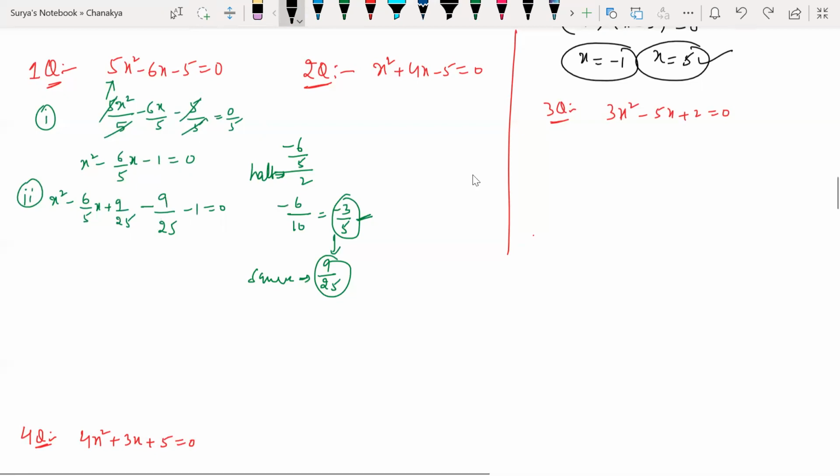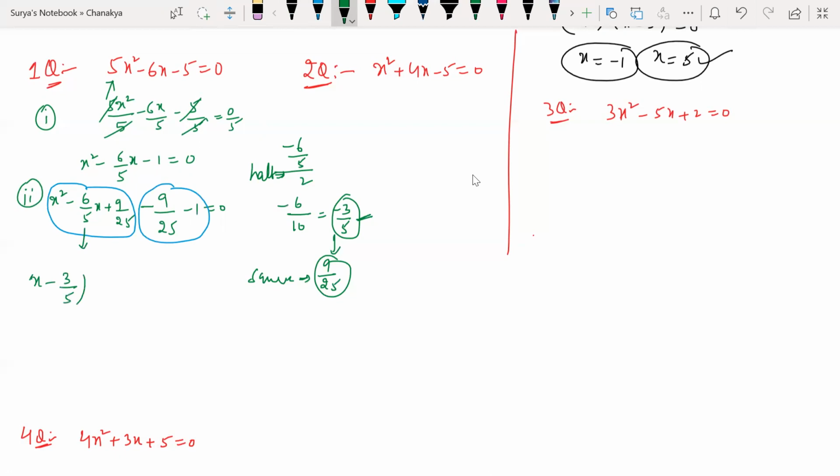Now look at this here. If I consider only these 3 terms, and consider the last 2 terms, simplify that, what will you get? a square minus 2ab plus b square, so I can write a minus b whole square: x minus 3 by 5 whole square.